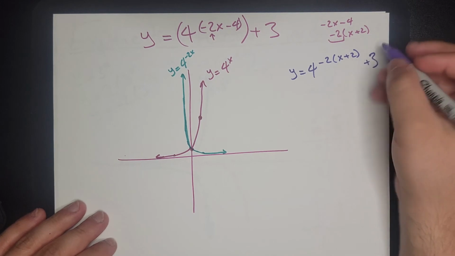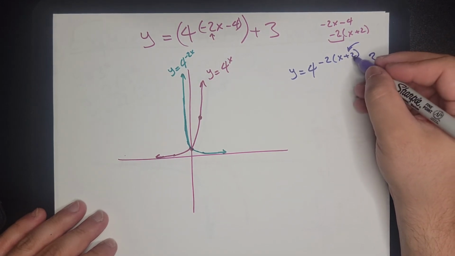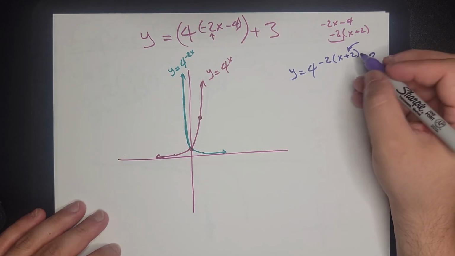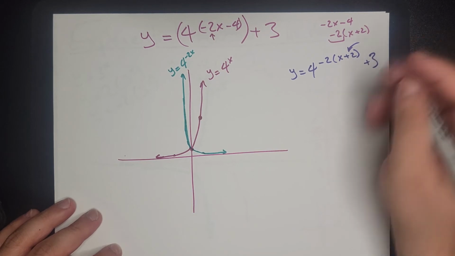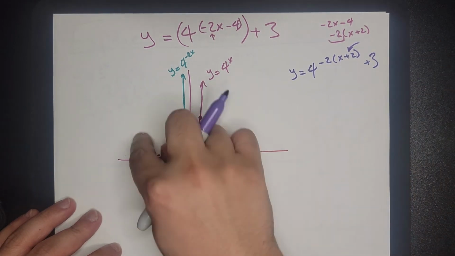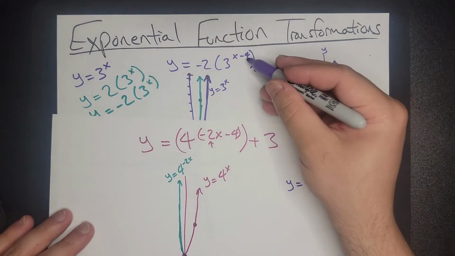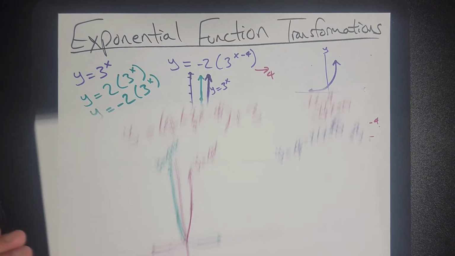And this one, we can look at this right here. Remember our x being shifted. That's going to be 2 units to the left. If we add 2 here, that means we're moving to the left. In the previous example, we subtracted 4, so we moved over to the right 4.